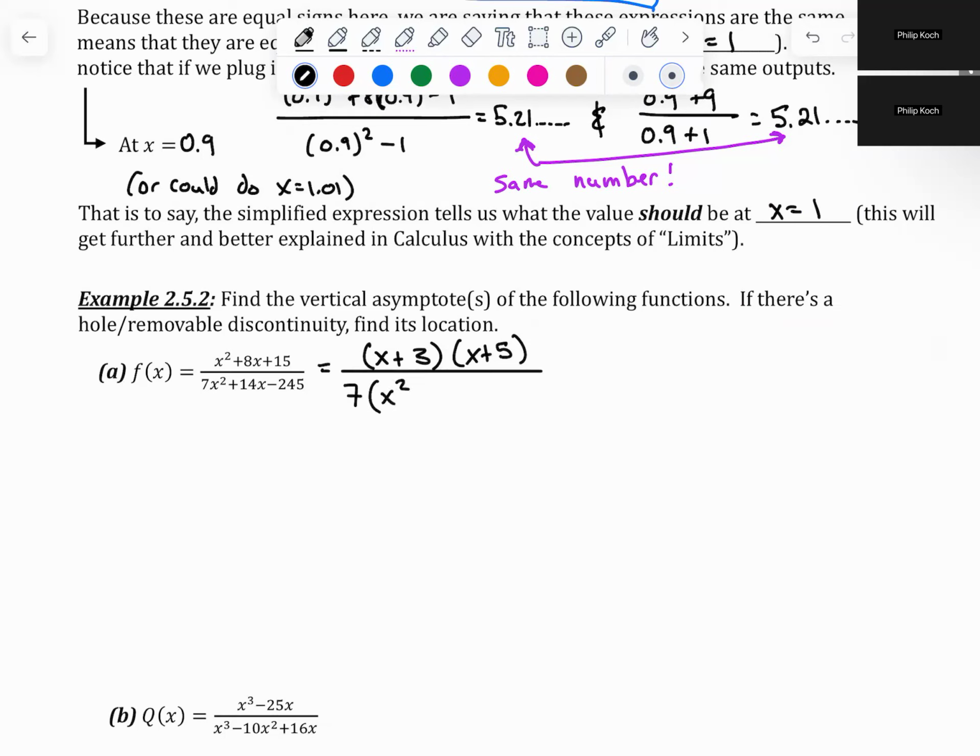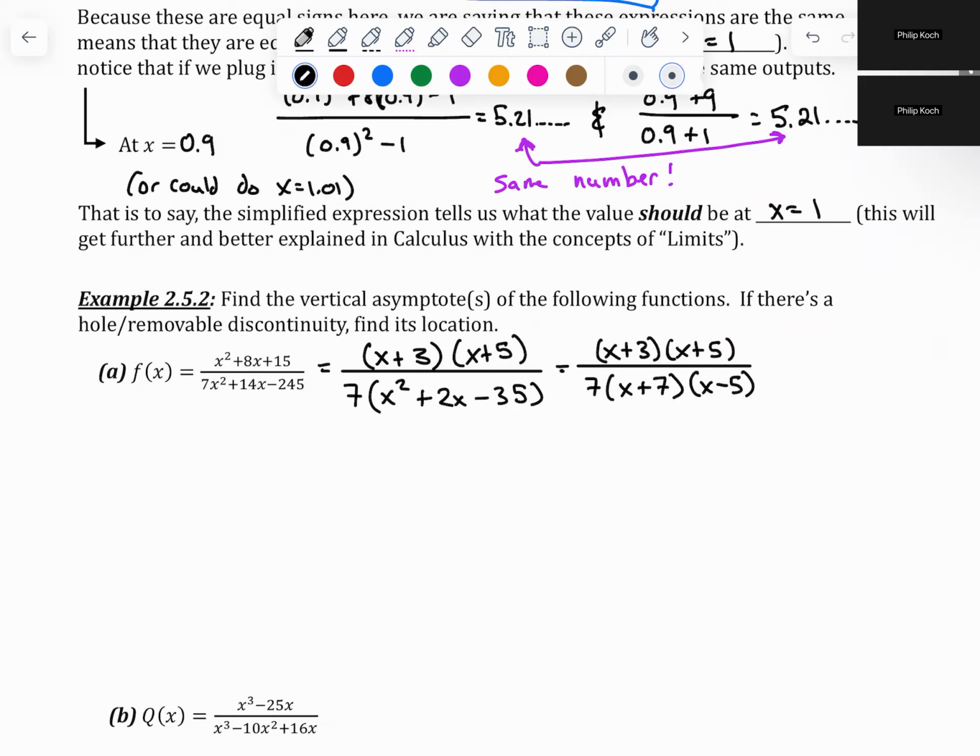And then it's x squared plus 2x minus 35, which factors to, yep, 7 and 5. So x plus 3 times x plus 5 up top. And then down the bottom, 7 times x plus 7 times x minus 5.